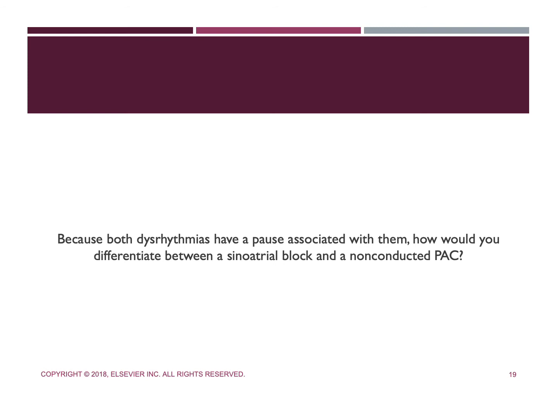A non-conducted PAC may appear as a P wave with no QRS after it, or the T wave of the beat preceding the pause may be of higher amplitude than the other T waves, or it might even have an extra hump, suggesting the presence of that hidden P wave. Because both those dysrhythmias have a pause associated with them, how could you differentiate between a sinoatrial block and a non-conducted PAC? That's your answer.